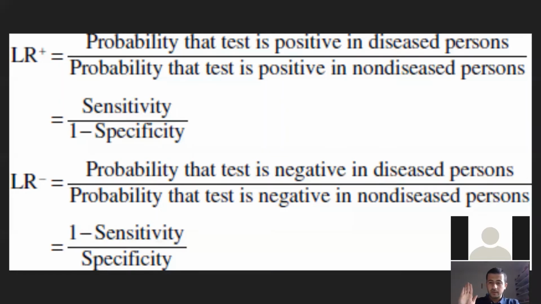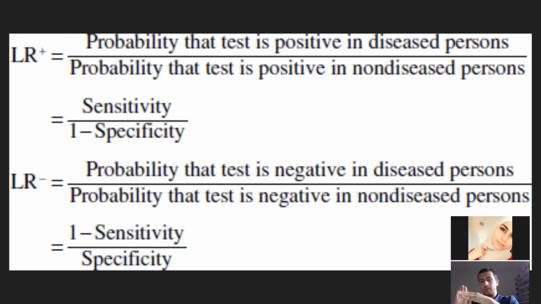But when you have a negative result, I will tell you the probability of those who have a false negative on the probability of those who have a true negative.